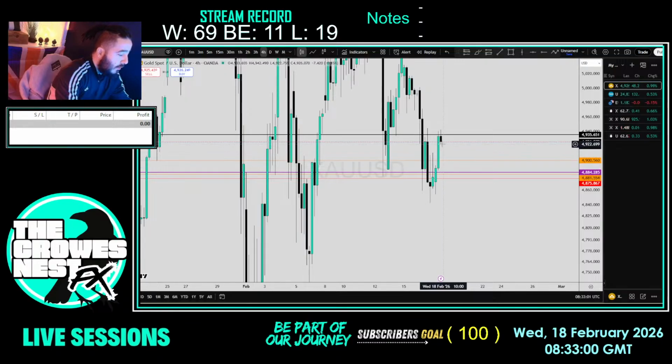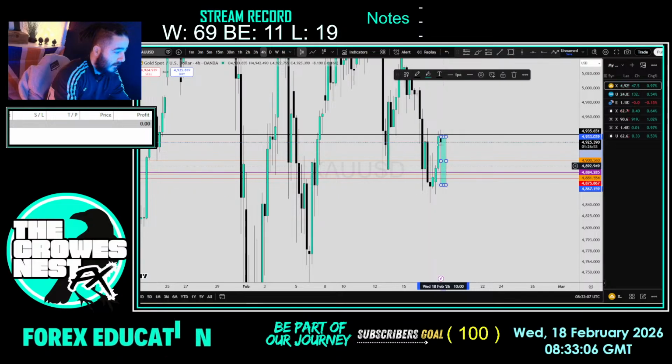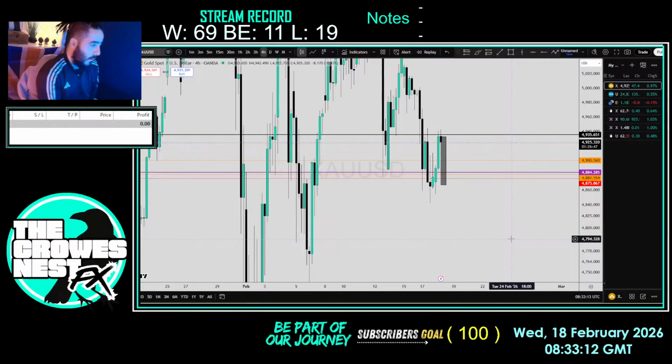And if the 4 closes bearish, basically what we've got to say is, can we imagine the 4 closing like that? Can we see the 4 closing like that with one forward candle?